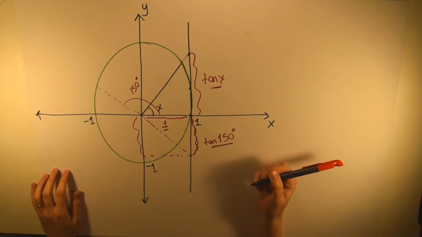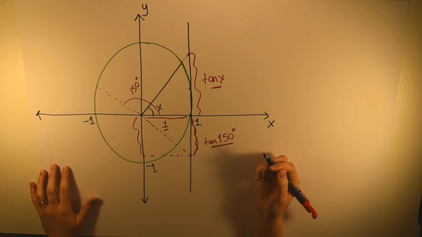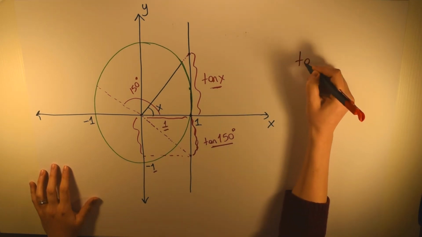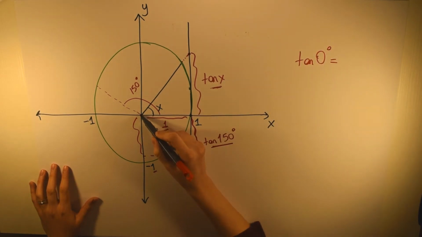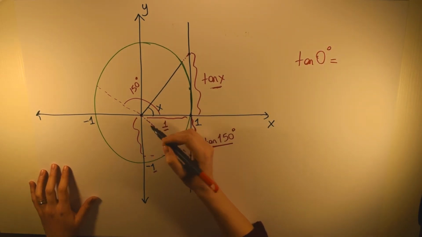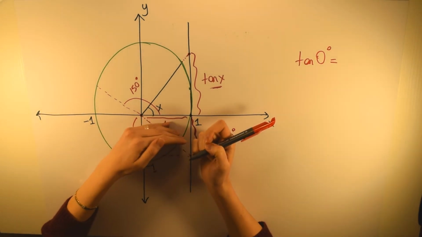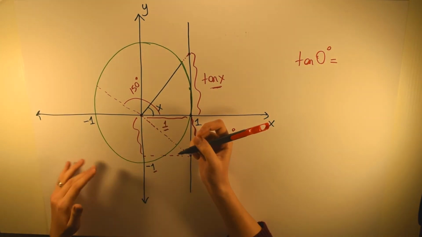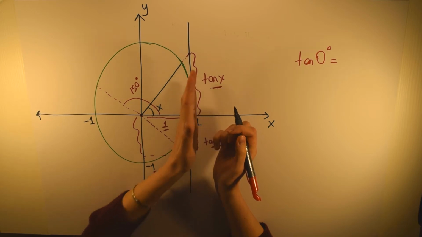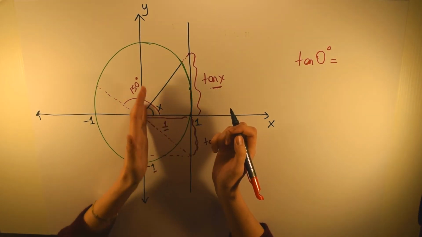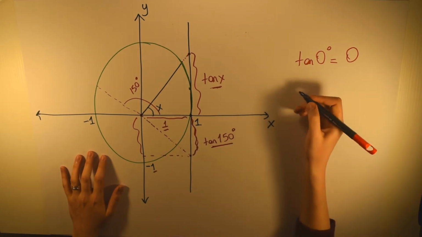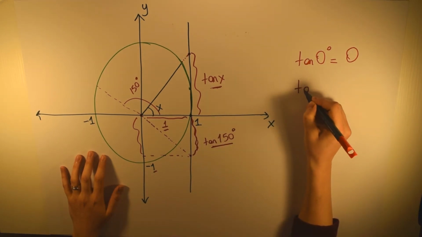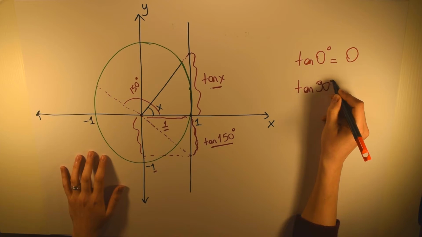Let's say we want to find the value of tangent 0. When your radius is at 0 degrees, there is no vertical height, so the value is equal to 0. Now let's say tangent 90 degrees.